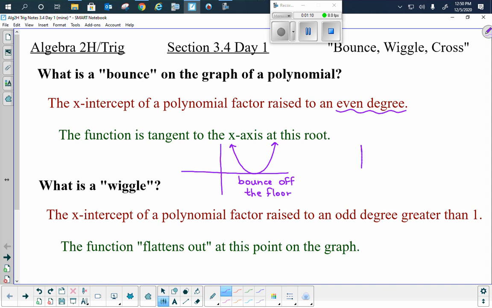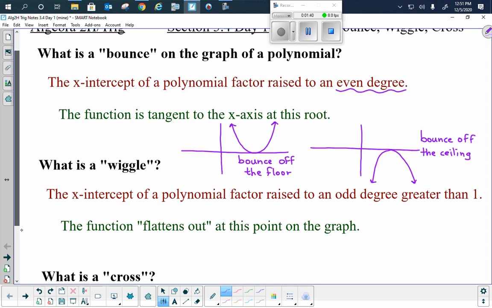Or likewise, since it has to be about the x-intercept, maybe it's coming up and bouncing off the ceiling and coming back down. So I think of this one as bounce off the ceiling. All we're trying to get down is the basic shape, what's happening at that point.